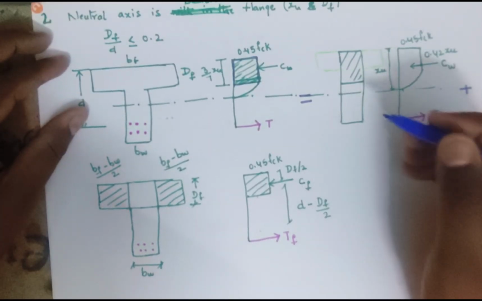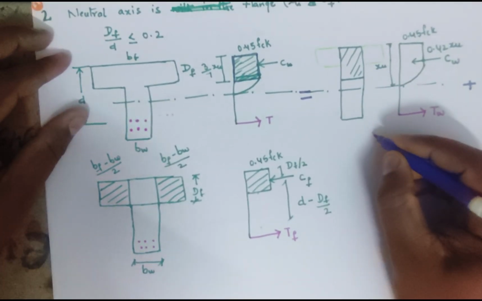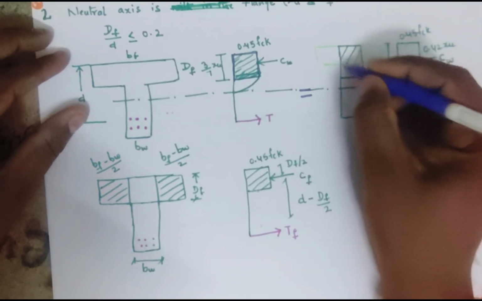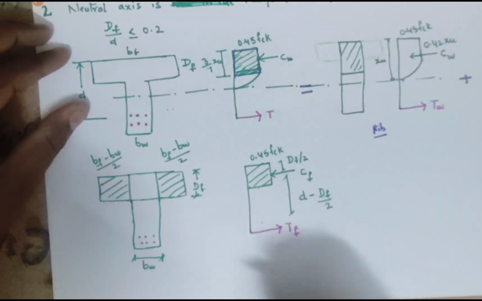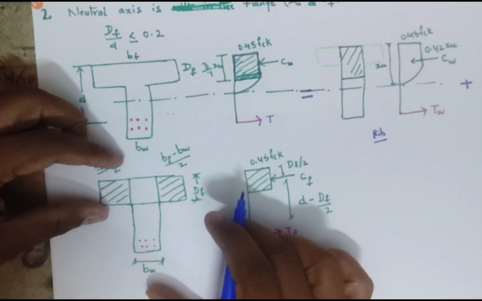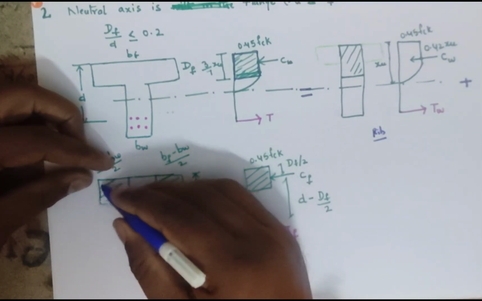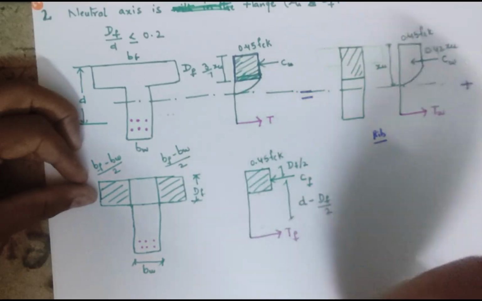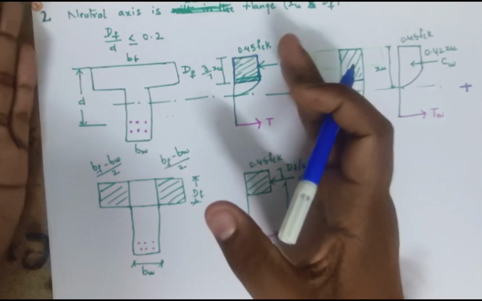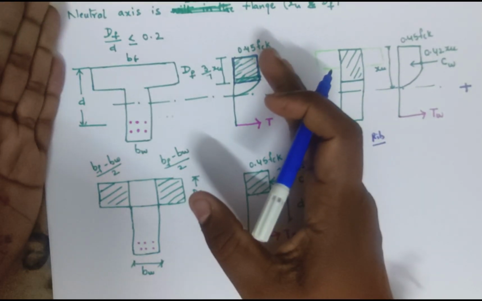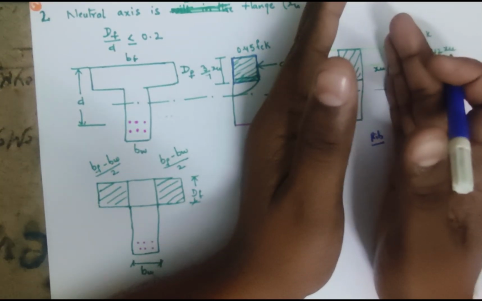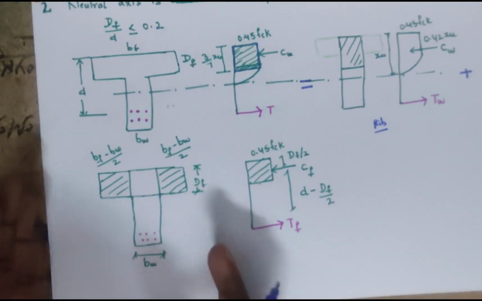In first category, I am considering only the rib portion. See, this is only the rib I have considered. And again I considered only the flange portion. I removed this rib. To analyze this section, I have taken stress block of rib and stress block of flange separately.